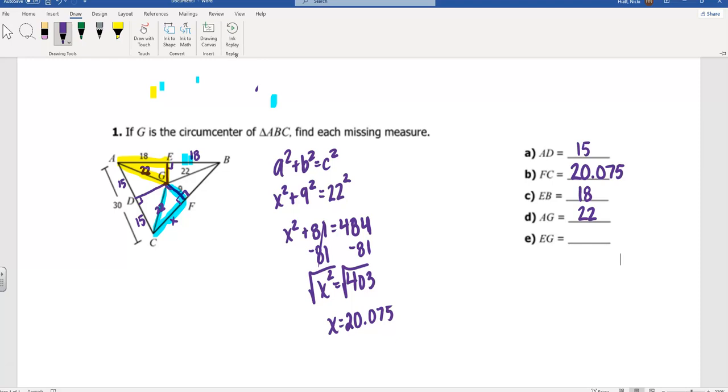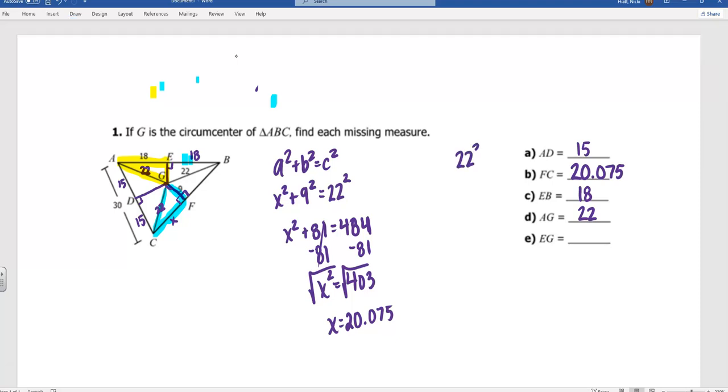Which one's going to be my hypotenuse? I'm going to call that side right there Y. So Y squared plus 18 squared.